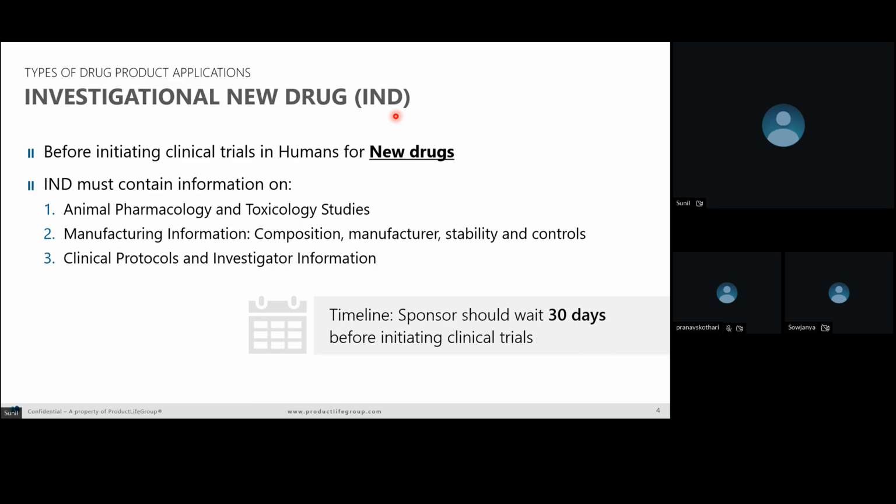Yes, sir. I want a little clarification regarding the stability data. Regarding IND, we have to submit the RT and AT for the 3 months. Yes. So what about the stress study that we usually do for the Indian markets? Stress study is not required for IND. You will require that when you submit the full NDA. Okay, sir.